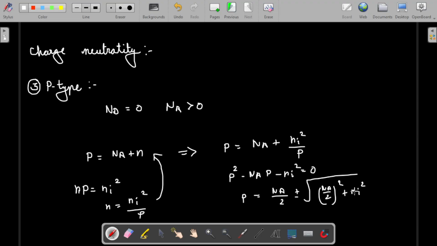This is the exact calculation. Once we know the majority charge carrier, we can substitute it back in this formula to get the minority charge carrier. So first we calculate this, and second we calculate this. This gives the exact formula.